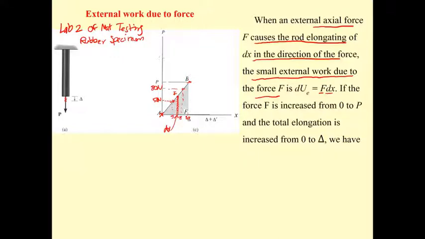If the force is increased from 0 to P, and the elongation increases from 0 to delta, if it was from 0 until 100 Newton, for example, and from 0 until 10 millimeter, you get the graph like I drew for you.